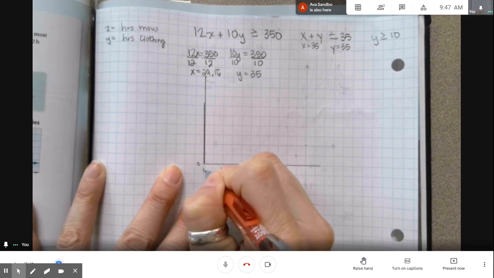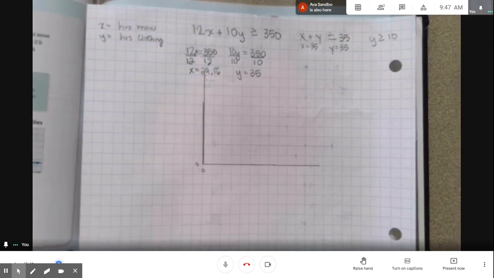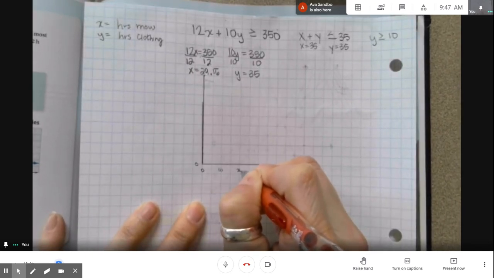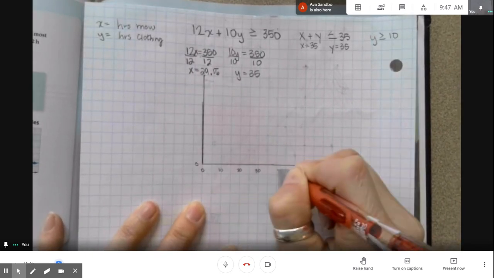Remember that when you make a graph, 0, 0 always has to be the corner of it, okay? And I'm going to count by 5s, but I'm going to write the 10s down so it looks neater to me.